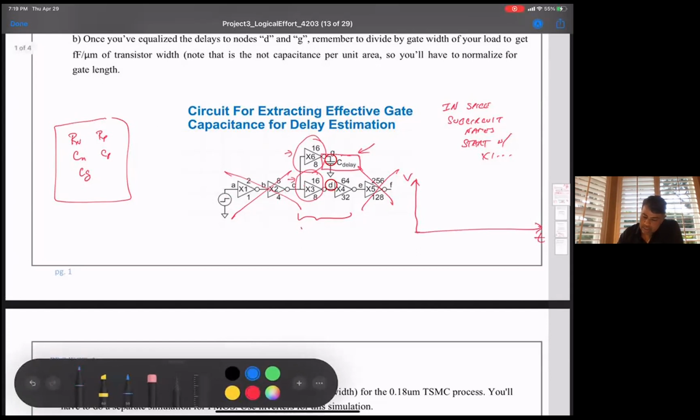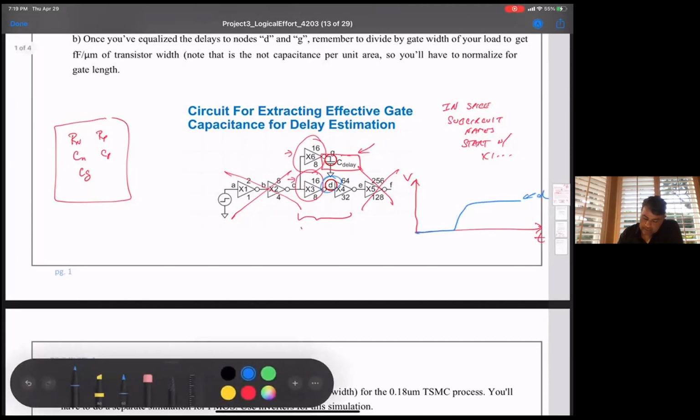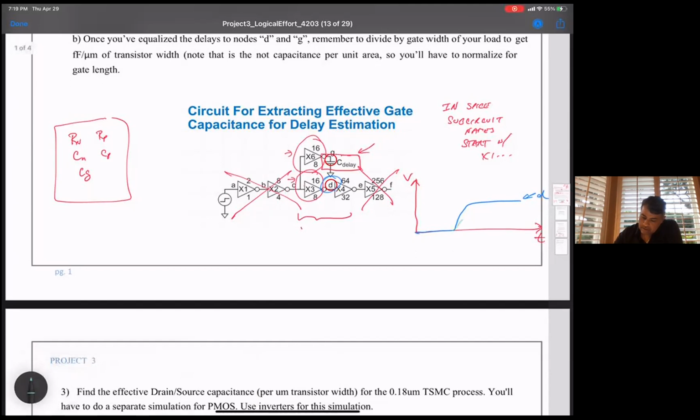Let's say that this is what happens on node D. And let's say this is what happens on node G. So I picked a certain C delay, I don't know, 50 femtofarads, something like that. And I got this effect.